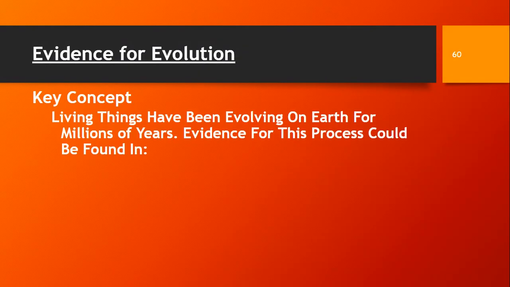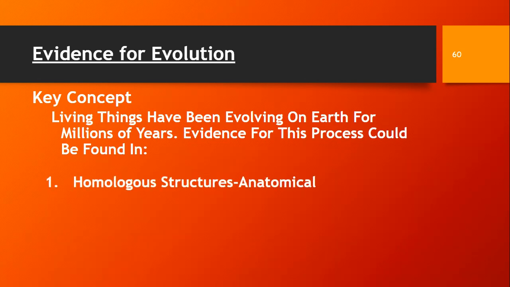Living things have been evolving on Earth for millions and millions of years, and because of that, we can see stuff over time. We can see it in a few different ways. We can see it in homologous structures, meaning anatomical structures that are very similar to one another.